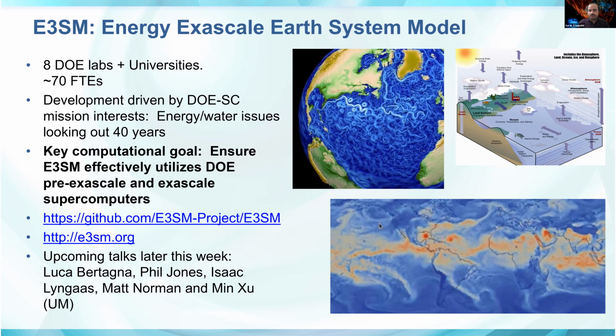The key computational goal is to build a model that can leverage DOE supercomputing resources and utilize them efficiently. Currently that has translated into building a GPU-enabled model to take advantage of these architectures. You can find links for that if needed.